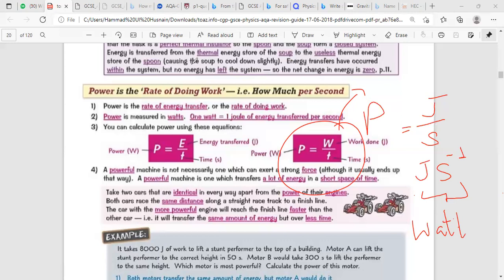Okay, for example, you want to do some work. What will you need? Let me explain it to you by an example. Let us say we have placed a book. I have already given this example to you. Let us say that we have a book placed on a table.